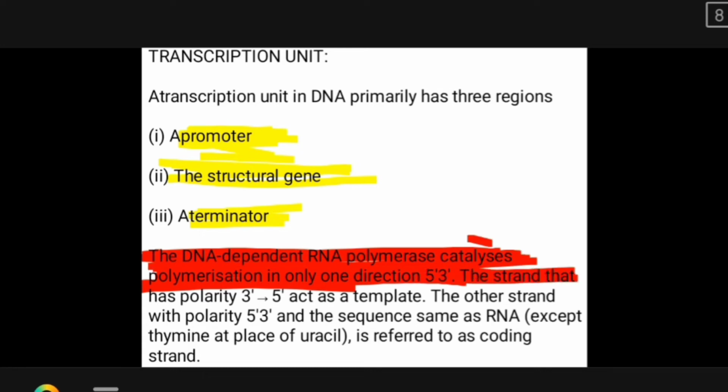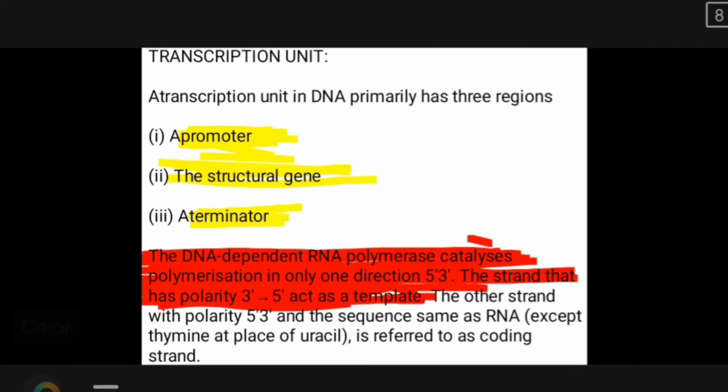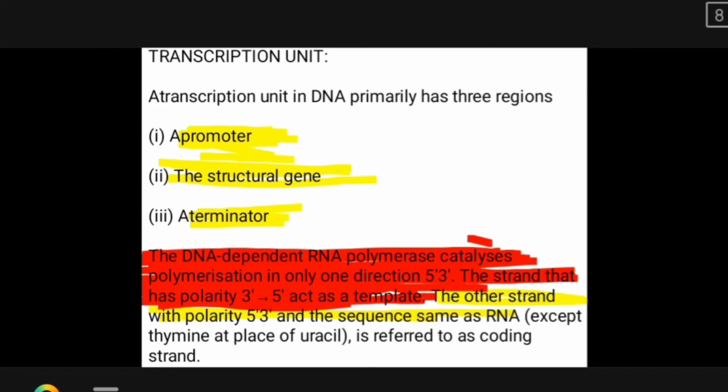And the strand which has polarity 3' to 5' acts as a template, that is, this strand actually undergoes transcription, because the DNA dependent RNA polymerase does its activity from 5' to 3', and this strand which has 3' to 5' acts as a template, and the other strand which actually does not code for anything is called the coding strand.